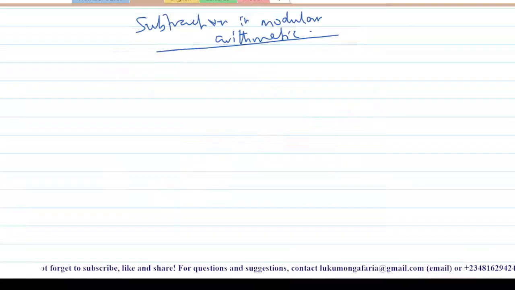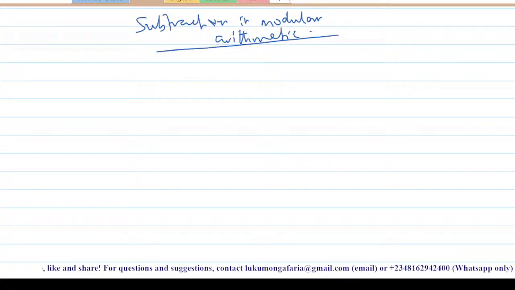Let's go. So in my last video, I taught you how to add numbers in modular arithmetic, and I explained that when you are adding two numbers in modular arithmetic, the principle of addition holds. But what you have to note is that when you are adding in a particular modulo, what you must have is an element of your residues.